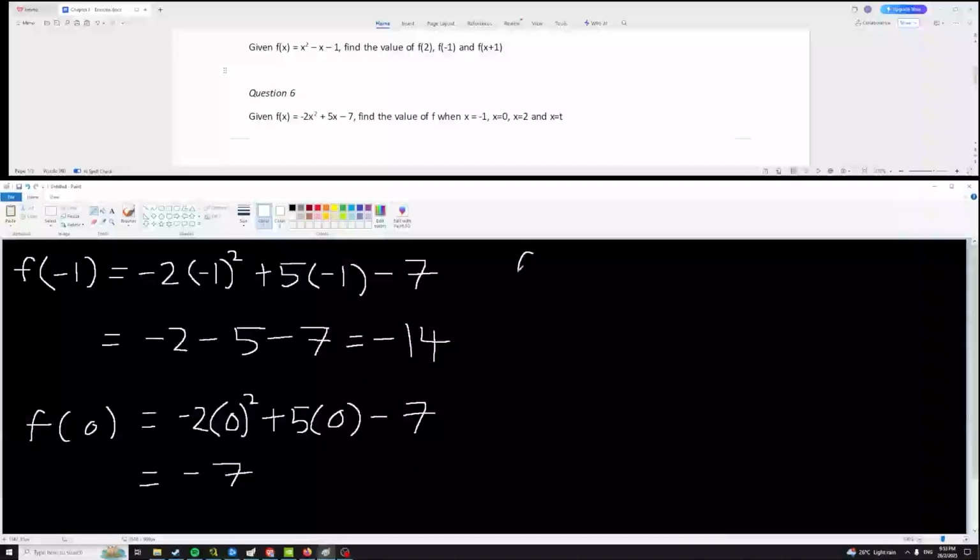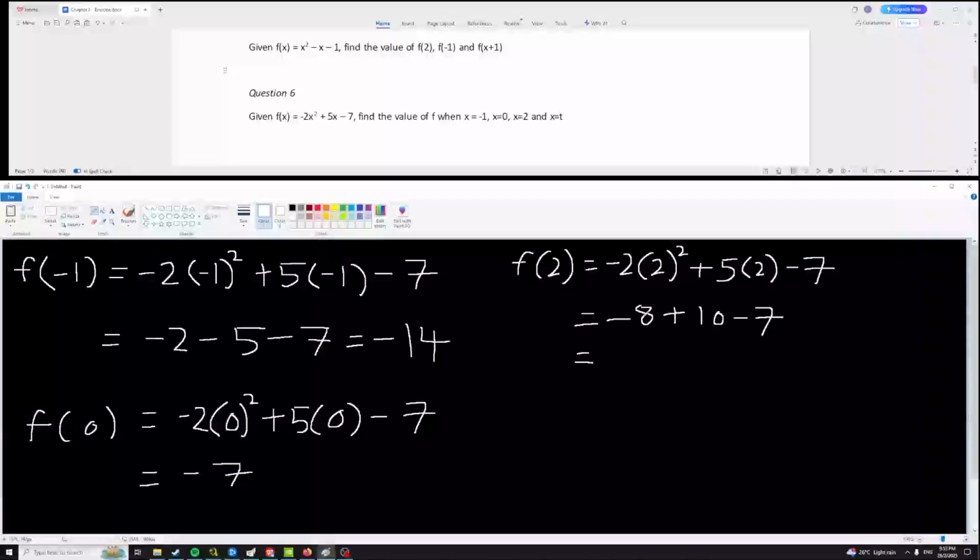Okay, next one is if x is 2. So 4, negative 8 plus 10. Okay, negative 7.